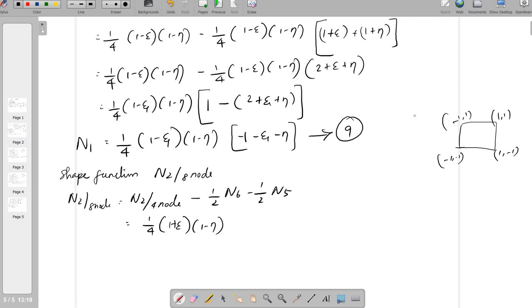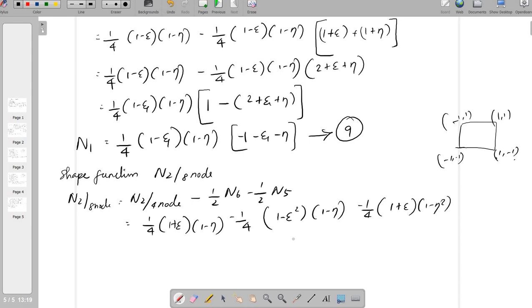So for node 2 it is 1 plus epsilon and 1 minus eta. Minus 1 by 4 I am writing for N5: 1 minus epsilon square, 1 minus eta. Minus 1 by 4 I am writing for N6: 1 plus epsilon, 1 minus eta square.